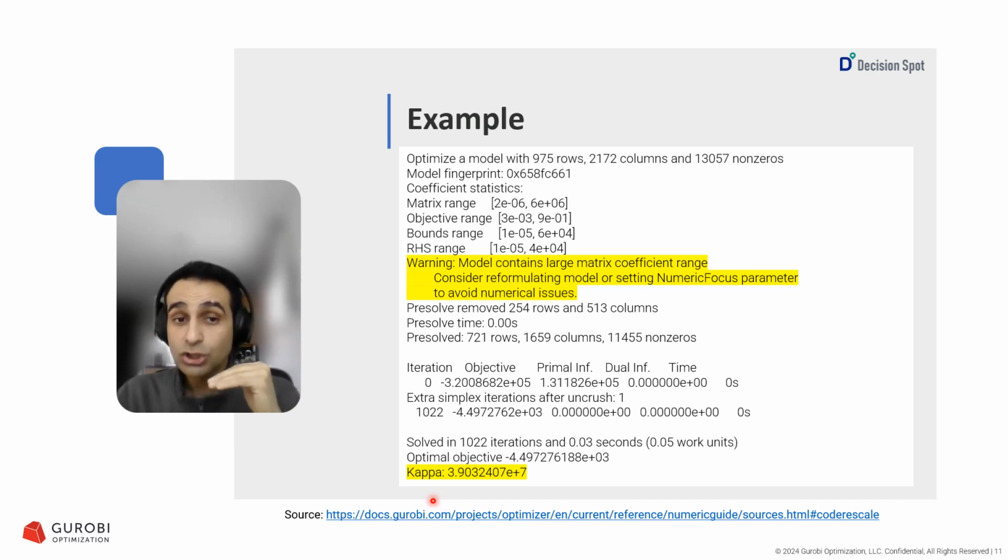And here, the large kappa hints at how sensitive the model is to numerical errors. So, in general, if you see warnings like this in your solver log, it's often a sign that you're dealing with numerical instability and that further investigation or reformulation may be needed.